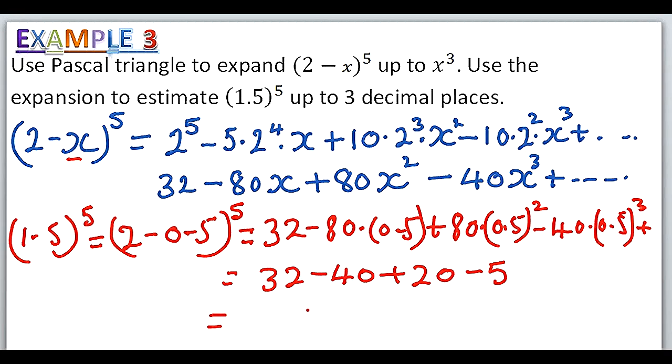So when you compute this, you get 32 minus 40 is minus 8. Minus 8 plus 20, we get 12. 12 minus 5, we get 7. So the expansion of this 1.5, when we consider x cubed, is 7.